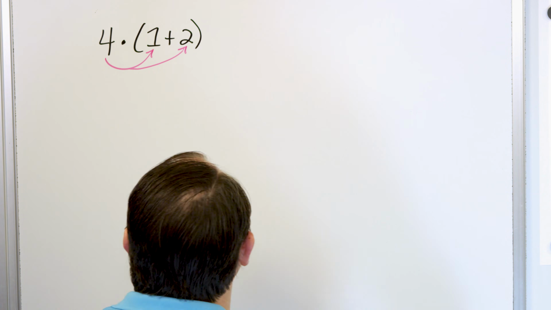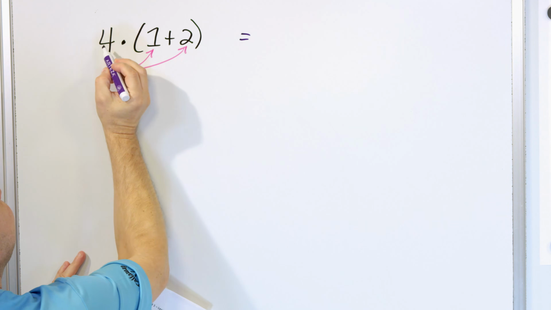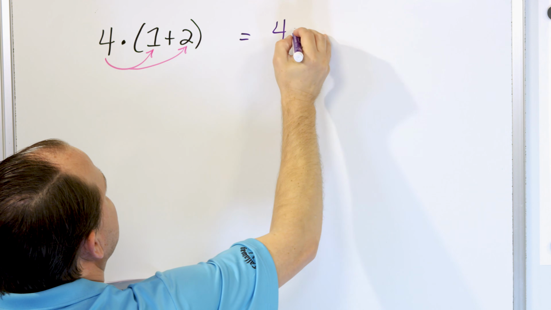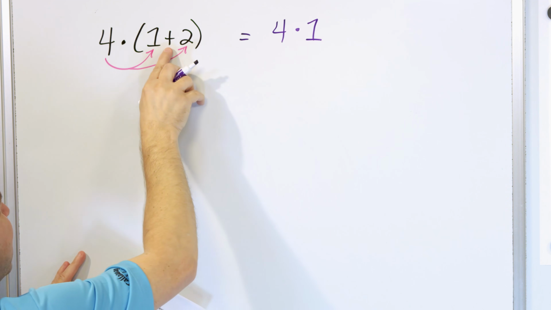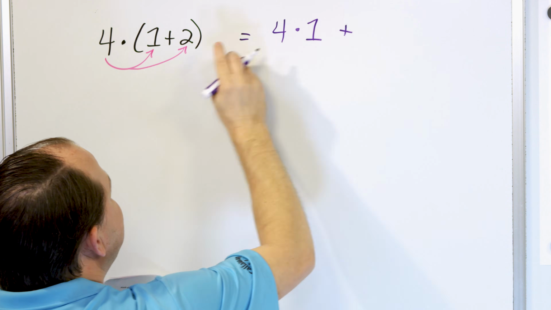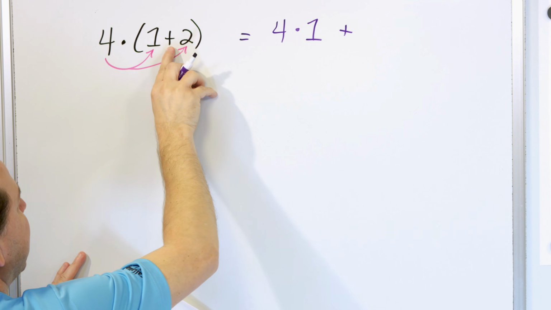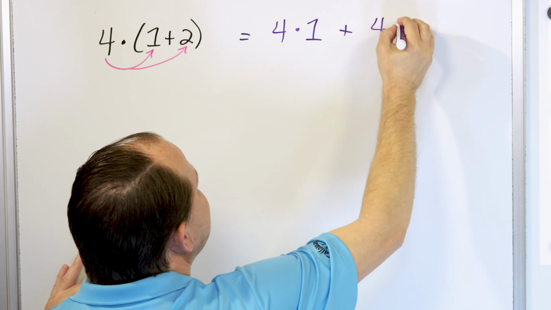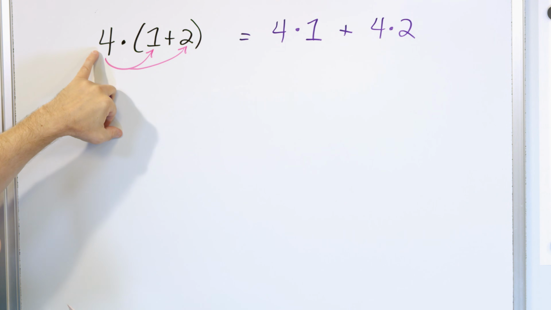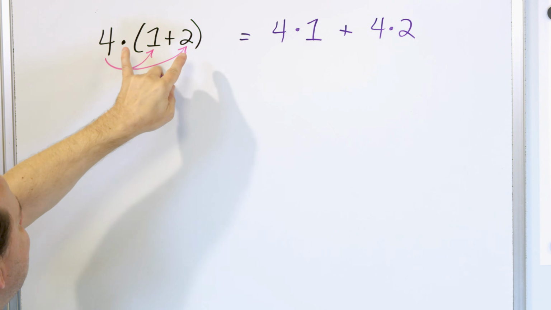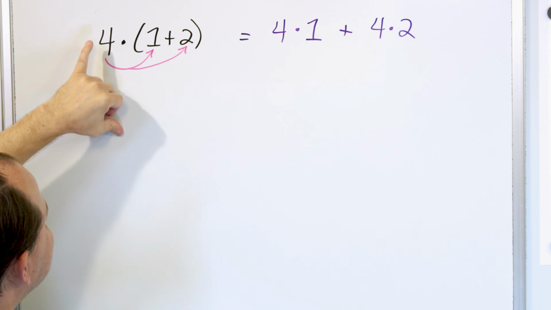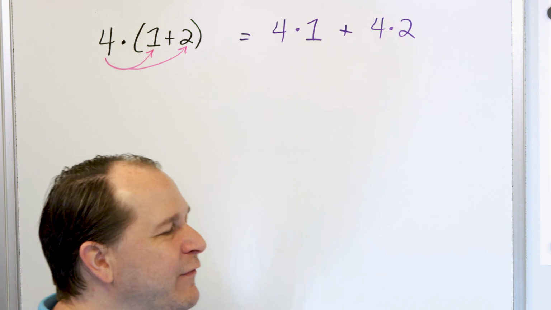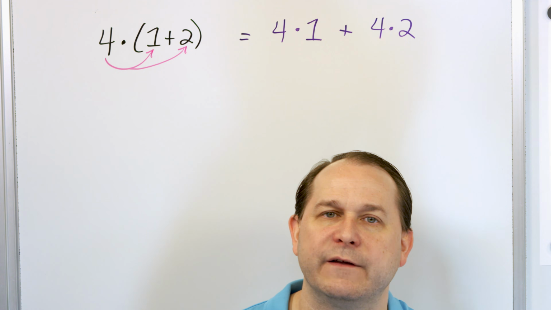So you would then say that this is equal to, on the right-hand side, the 4 times the 1, right? And then plus, because we have a plus sign here. If it were a minus, then we would have a minus here, but it's a plus. Then 4 gets distributed in and multiplied times the 2. This is the essence of the distributive property. It's taking what's on the outside, multiplied by the parentheses, and multiplying times every single term that is on the inside of those parentheses.